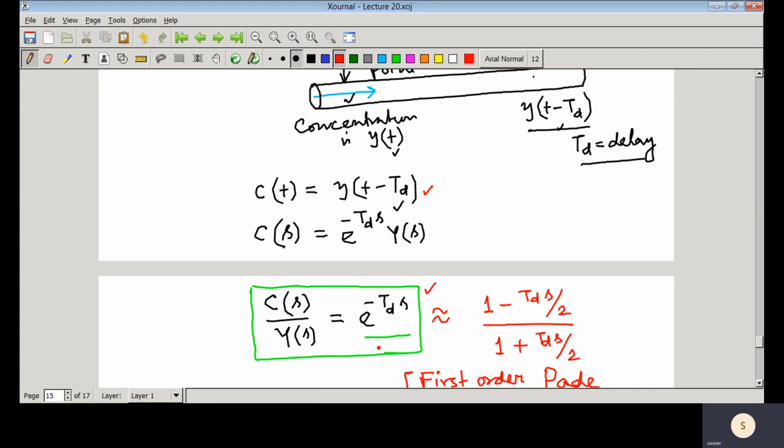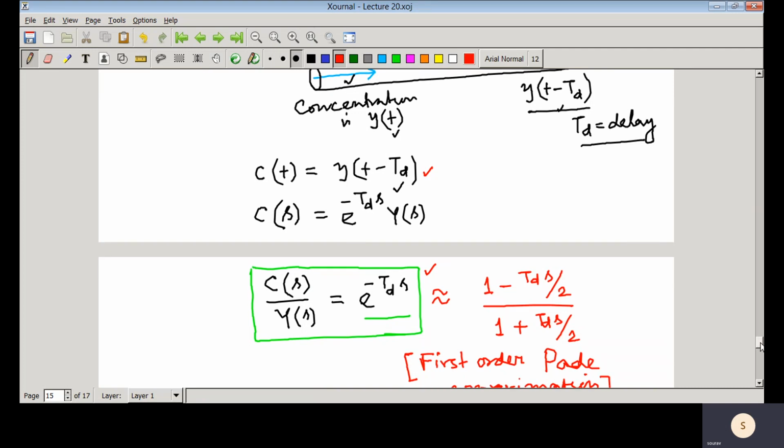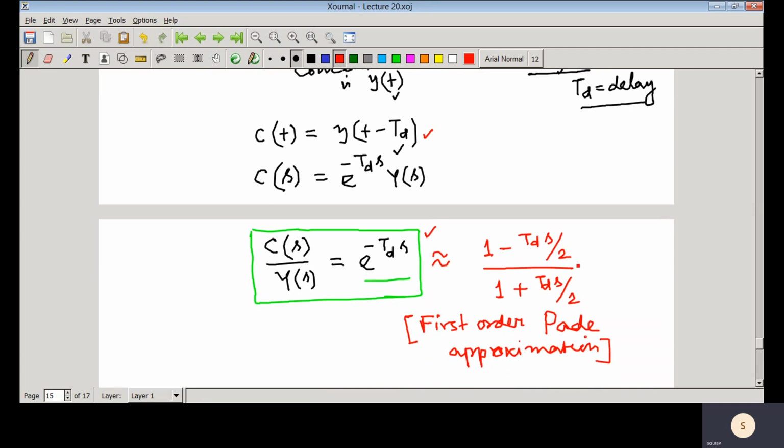This is actually one infinite series. This particular series can be approximated in first order, that is (1 minus Td s by 2) by (1 plus Td s by 2), and this approximation is called the first order Pade approximation.